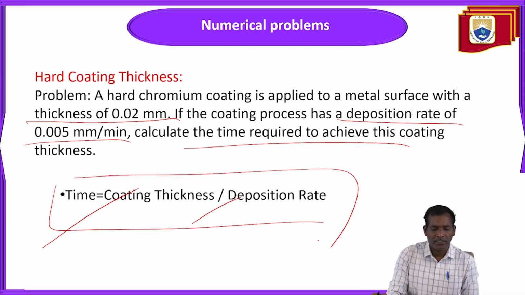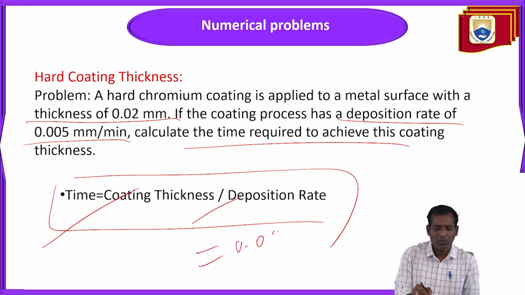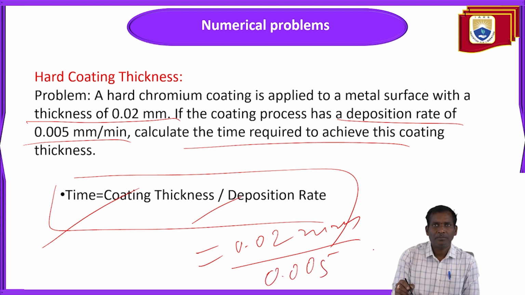The thickness of the coating is given as 0.02 mm. The deposition rate is 0.005. Now calculate the time required.